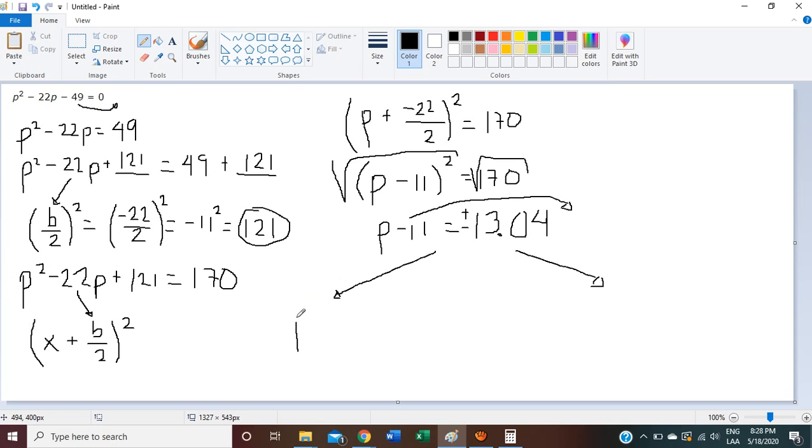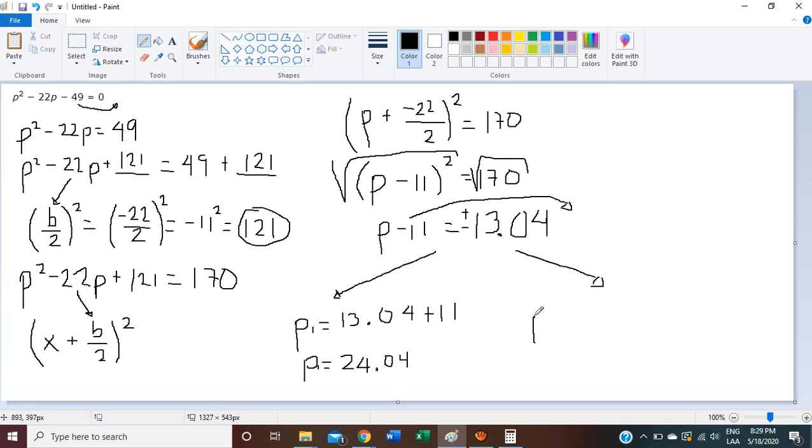So P, I am going to call it now P1, equals positive 13.04. It was subtracting, now it is going to be adding plus 11. So P1 equals 13 plus 11 equals 24.04. Okay, that's our first answer.